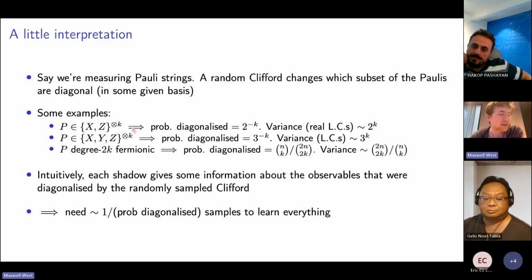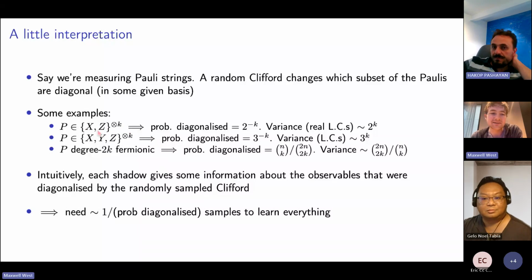Or maybe even IQP circuits, where you only care about X's and Z's. But beyond that, I'm not super sure exactly when you would care. My understanding is this example does exist somewhere in condensed matter physics.